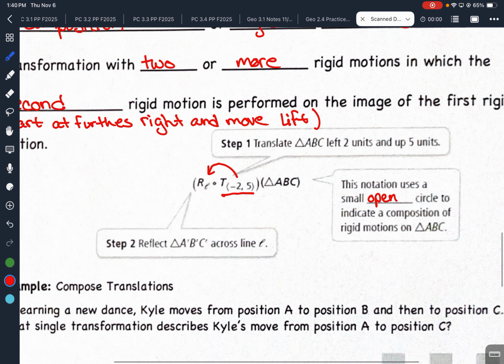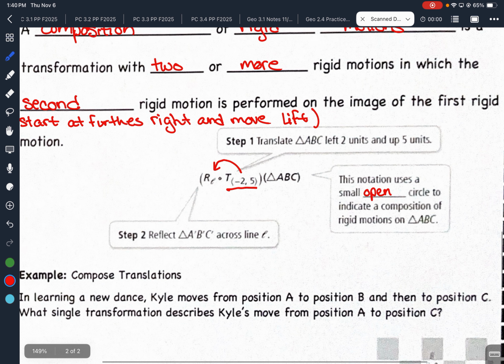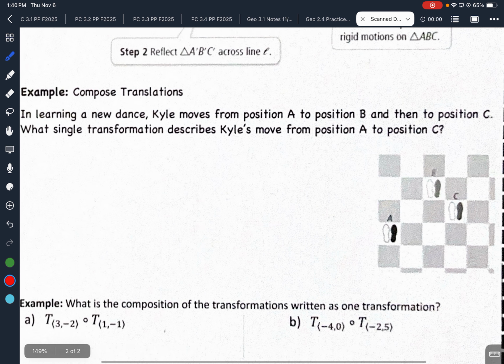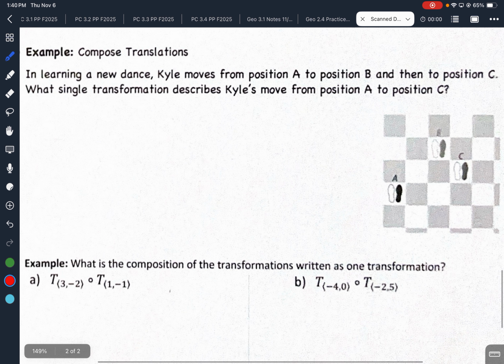So we're going to be Kyle, and we're going to dance. Okay, so again, if Kyle is dancing, I don't care that he started here and ended up over here. That'd be a pretty boring dance, right? You need to see all my movements. So we need to say how he's going to move from position A to B to C. So the first thing we're going to do is give ourselves a coordinate plane.